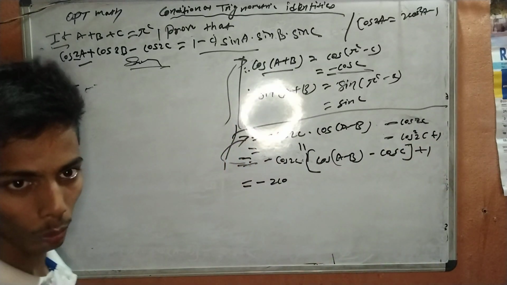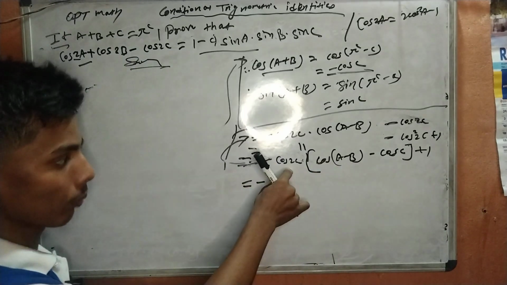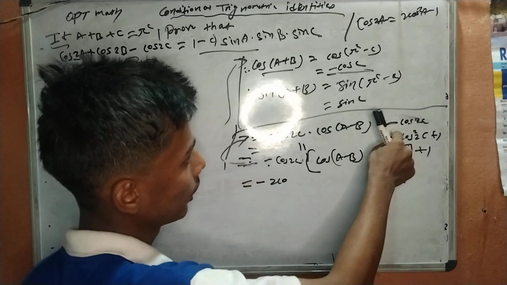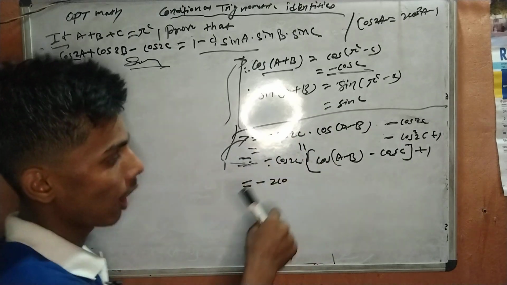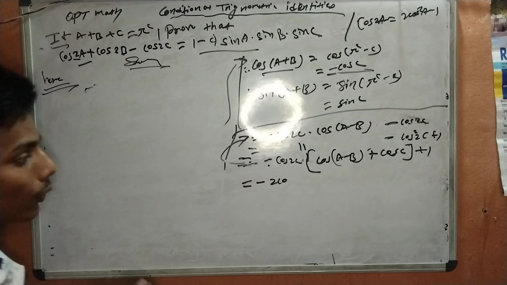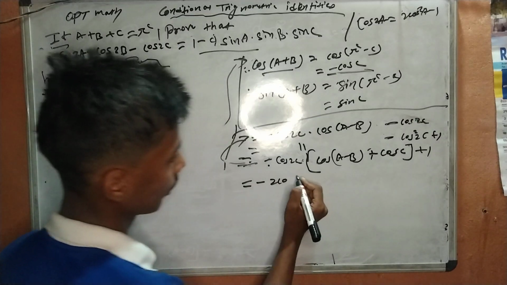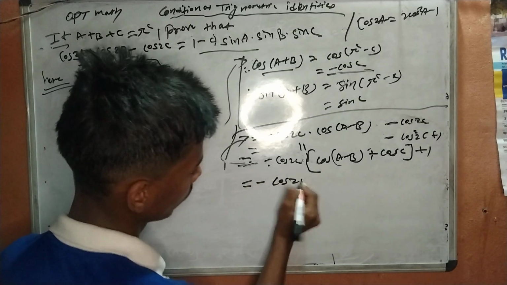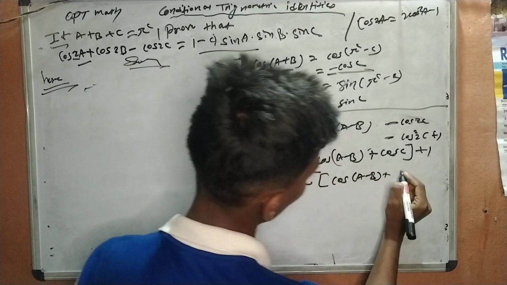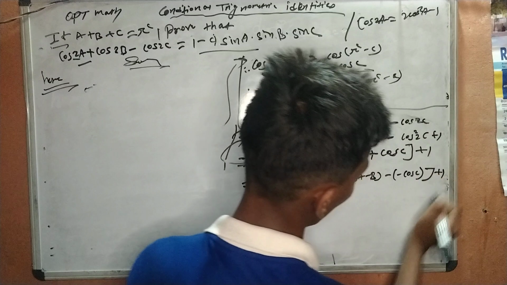I took here 2, I left only cos C, and when I multiply with this minus, the minus will be plus. So I was telling you, here was some blunder. Okay, so let's see, here will be the same cos 2C, and then here will be cos(A minus B), here will be minus into cos C, here will be plus 1.